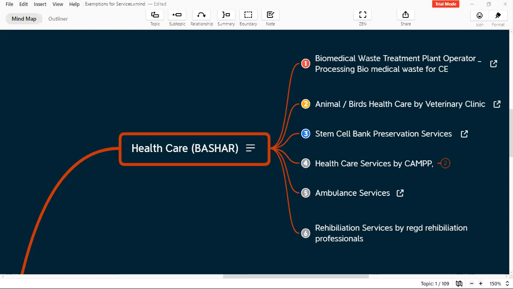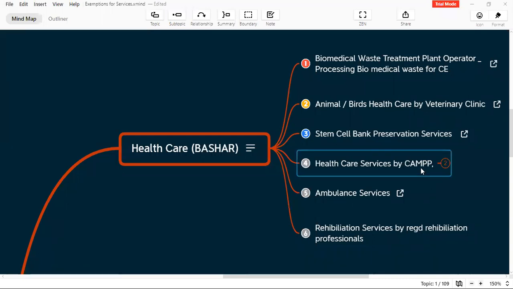There are certain agencies who store these stem cells. So whatever charges you pay for storing these stem cells, all these are called stem cell banks. It does not talk about blood bank. Blood bank charges, if any, would be taxable, whereas stem cell bank charges have been given an exemption. This is because of the lot of medical developments which are happening in this particular sector.